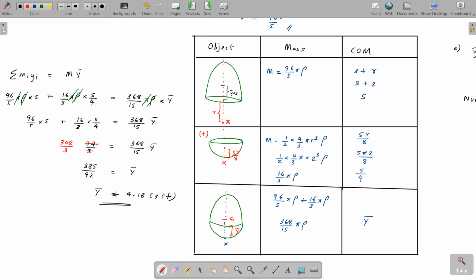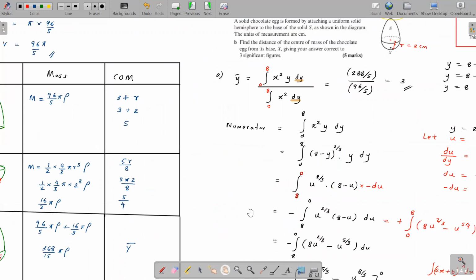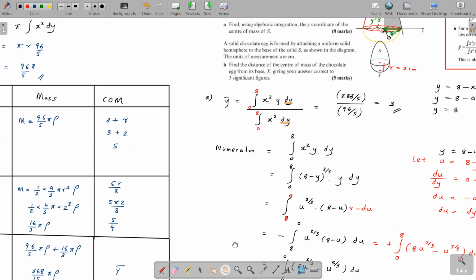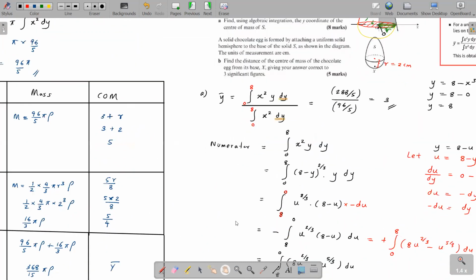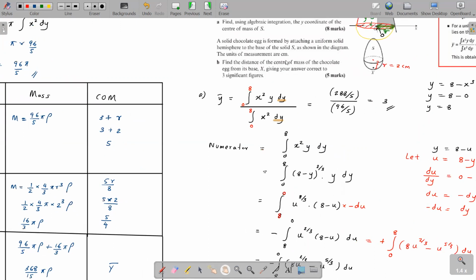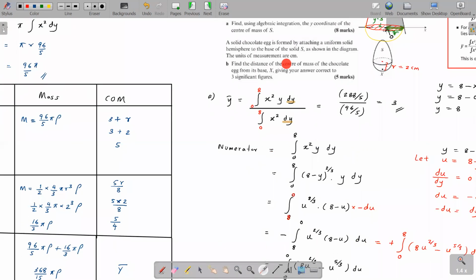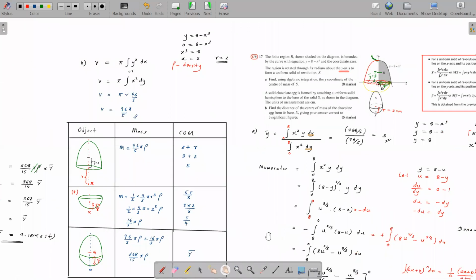Okay, so you can leave it like this or give the answer. Most of the time they would ask you to give the answer in exact form. So the center of mass is at a distance of 4.18 centimeters from the base X. All right, guys? The units of measurement are centimeters, as they have given in the question. Can you see how it's done?